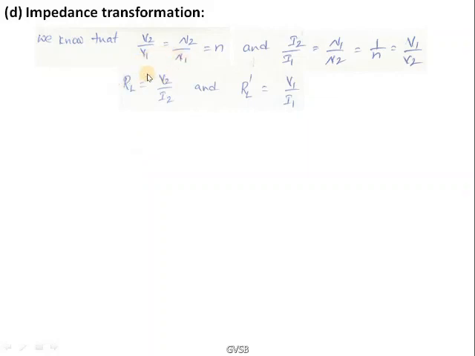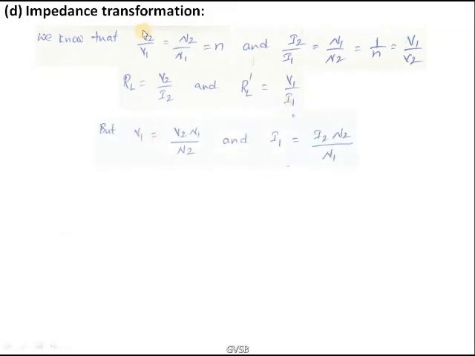So from these voltage transformation equations and current transformation equations, we can rewrite the equations for V1 and I1. The V1 can be written as V2 into N1 by N2 and I1 can be written as I2 into N2 by N1. Substituting the values of V1 and I1 in RL dash equation, we will get RL dash is equal to V2 into N1 by N2 divided by I2 into N2 by N1.